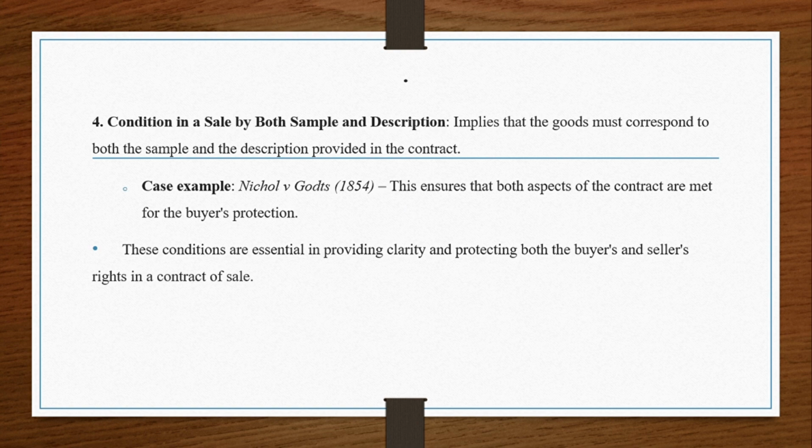But then the seller ended up delivering the oil that matched only the sample but didn't match the description. So the outcome was, court ruled in favor of the buyer, emphasizing that the goods must satisfy both the sample and the description. So the buyer had a right to reject the goods.